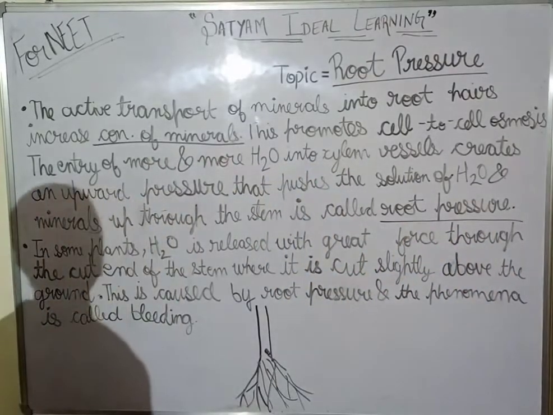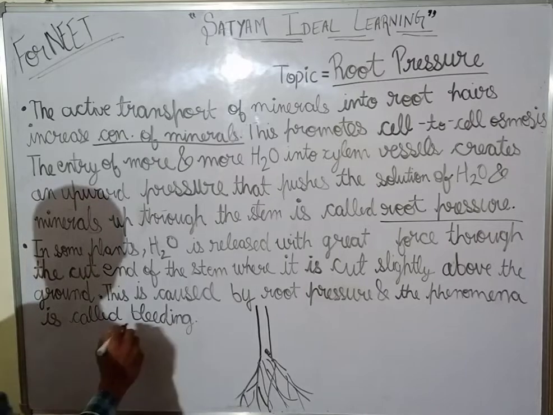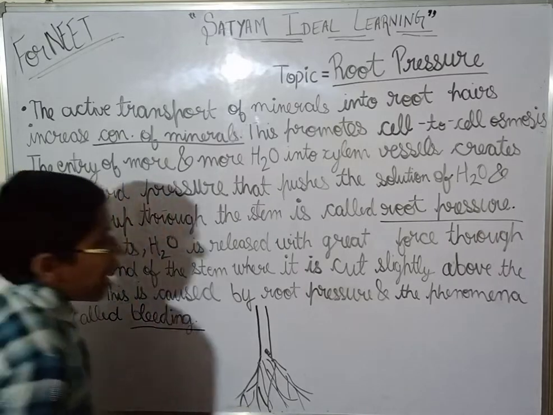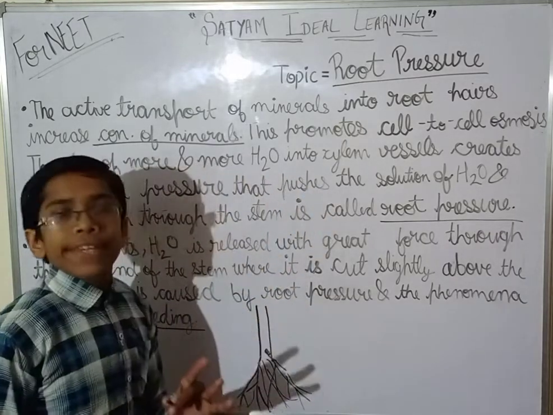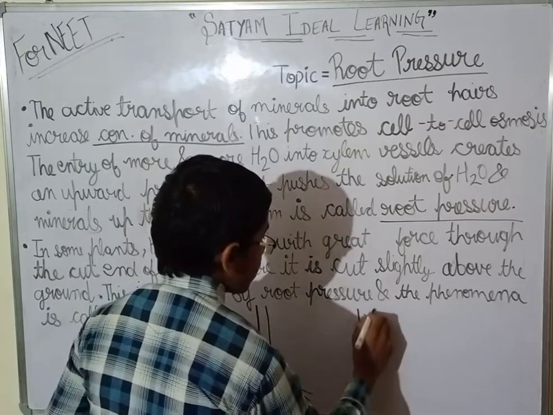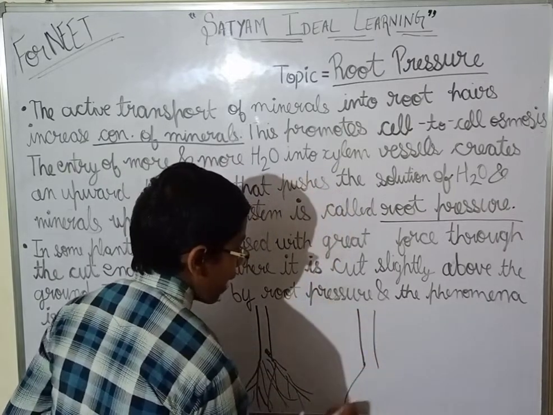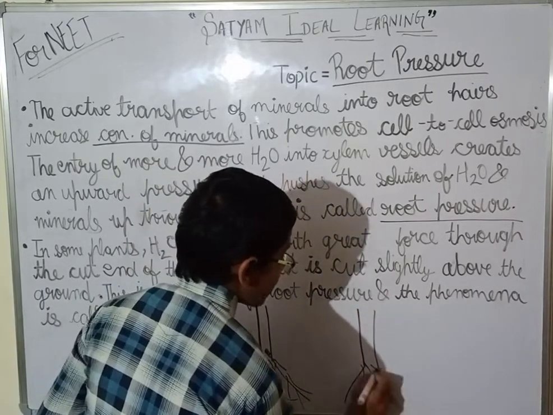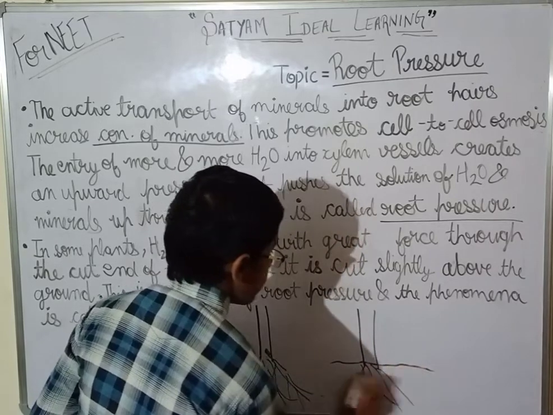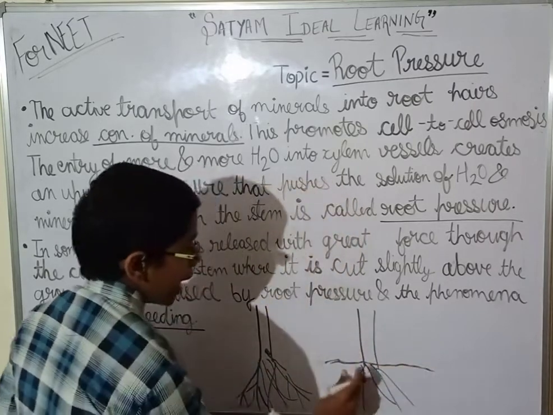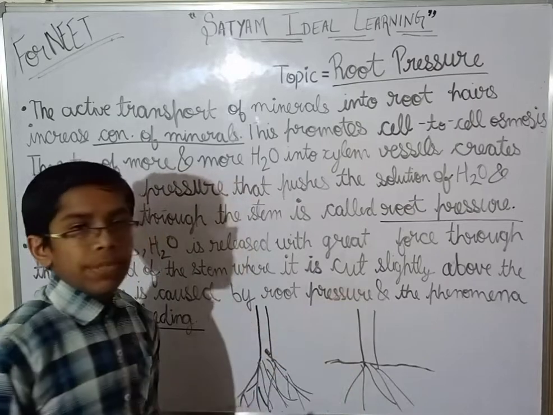Clear? Now come on, next one. What is bleeding? If I give you an activity, you have to take a plant like this, and this is soil, this is root and this is stem.